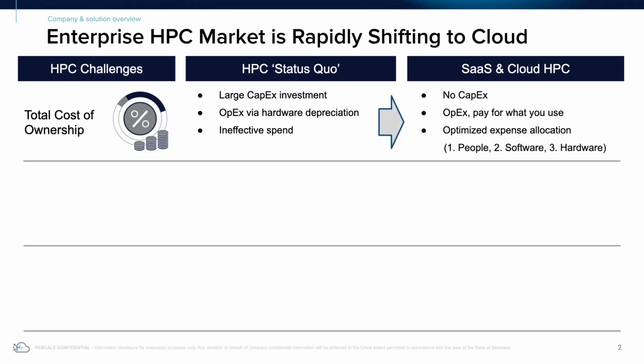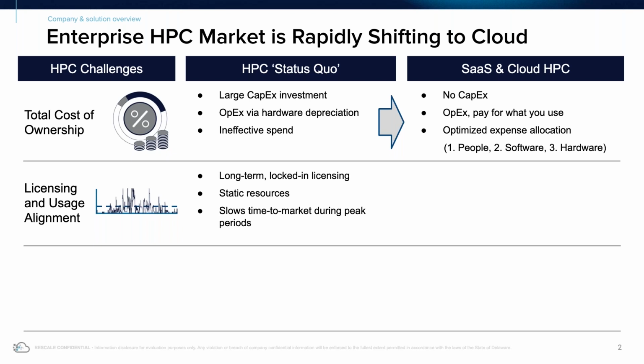So, of course, the cloud in that regard has all the flexibility so that you can transform this into an operational expense that you can then pass on to your engineering business units. And of course, you can optimize for either the people that you have, making sure that they can always get the resources, maximize for software use, or just have flexibility of hardware.